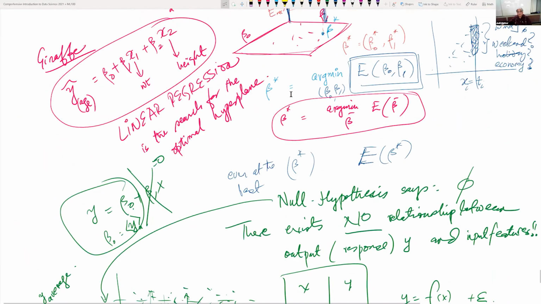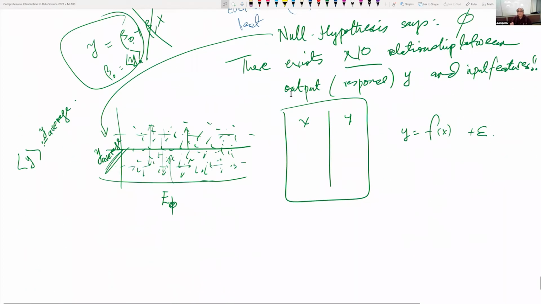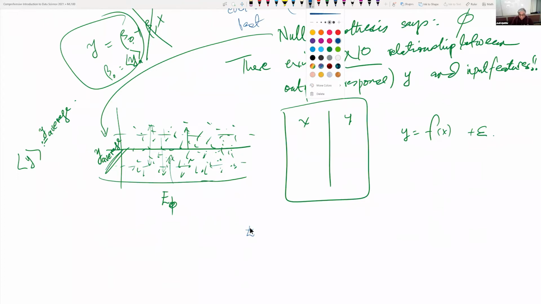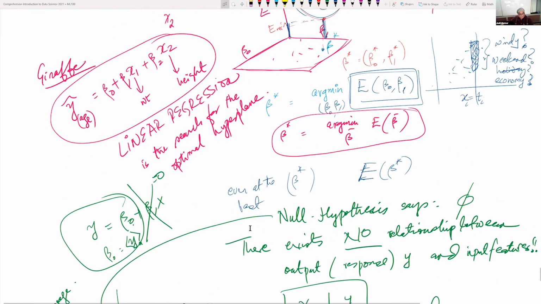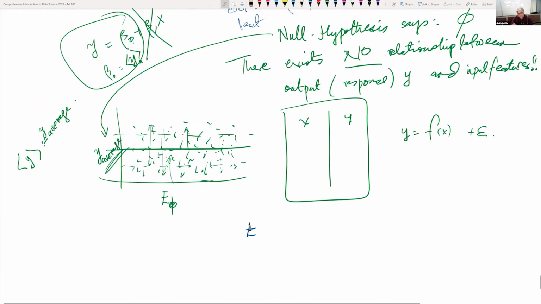Suppose you build a model, a really good model that you're proud of. You can take the model, let me take this a little bit bolder. Let's say you have a model. What colors did I use for the model? Blue, red, and green. So green was the null hypothesis. And okay, it doesn't matter. I'll use different colors.